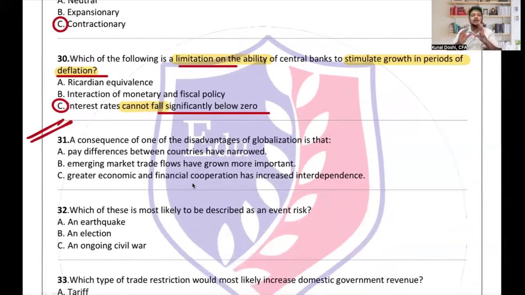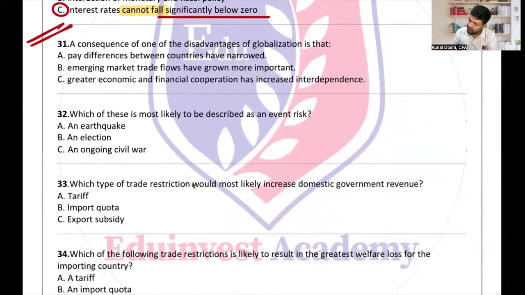Clear? Now we go to geopolitics and gradually to trade and currency. A consequence of one of the disadvantages of globalization. Why are people like Donald Trump doing deglobalization, right? What is the disadvantage? The biggest disadvantage is that many people lose jobs, and of course, it's going the opposite way of globalization. But that's the reality these days.